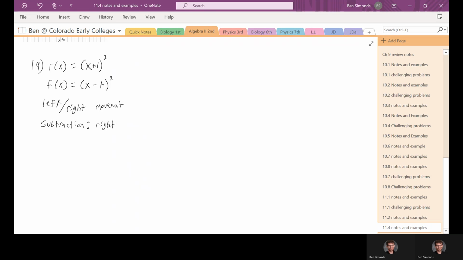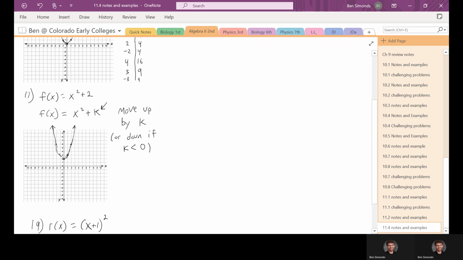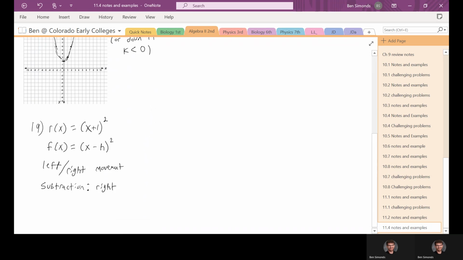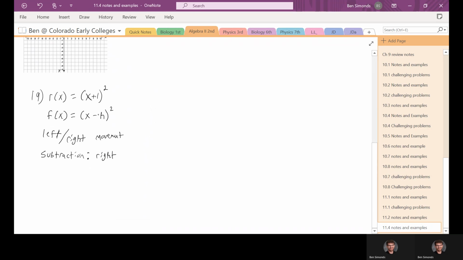But essentially, we think of the most basic point as the origin, 0, 0. If we look back at our basic graph, when x equals 0, then y, or f of x, equals 0.